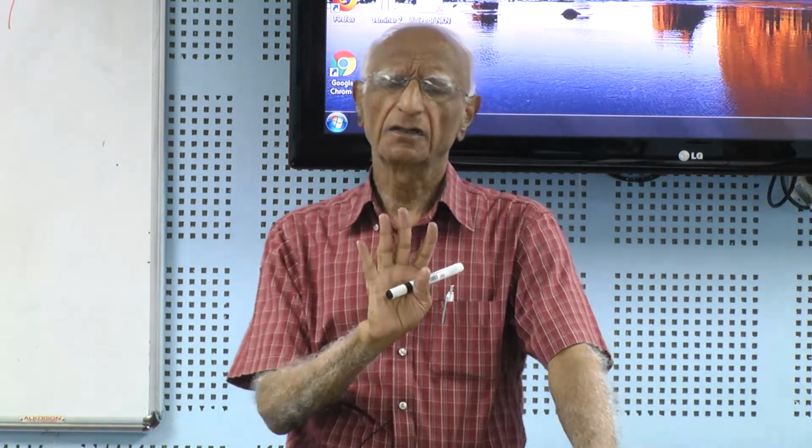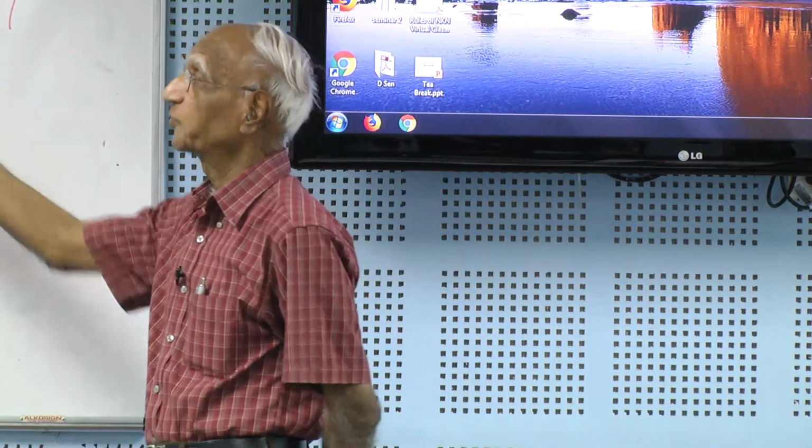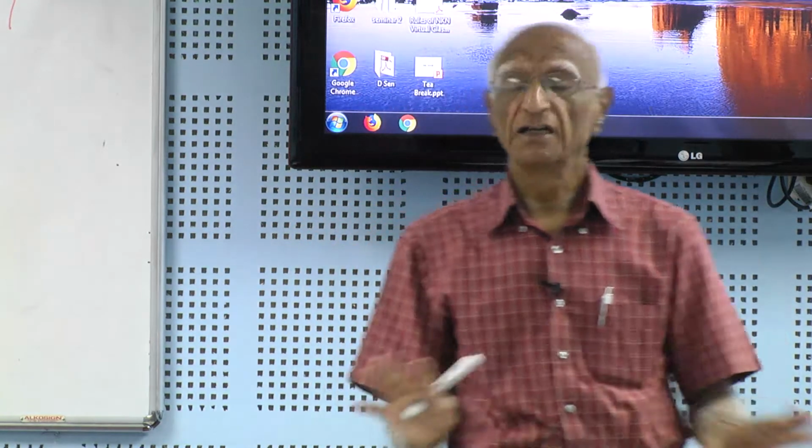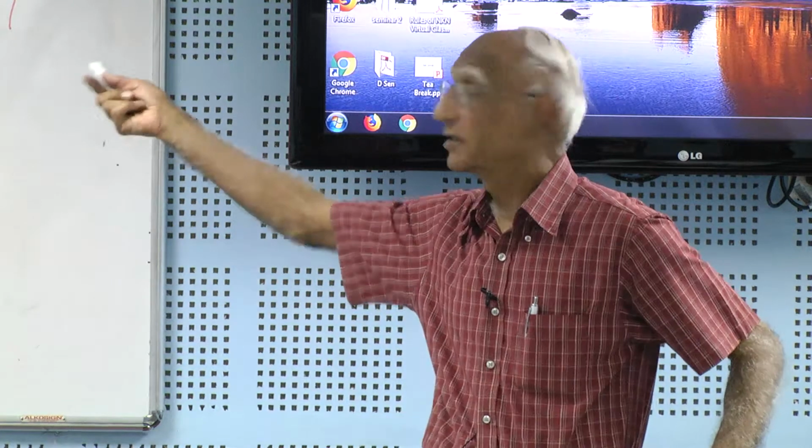There is no guarantee, no assurance that phi can be expanded in terms of Taylor series. I cannot guarantee you that for every thermoelastic material, one can do something like this and you are okay.